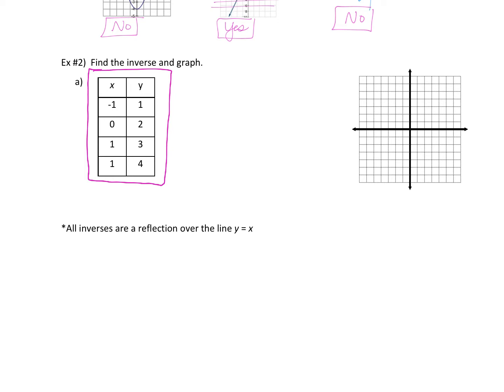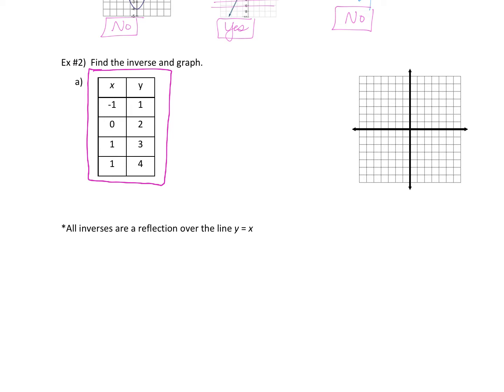Why? Because if you were to say, what is -1, it goes to 1. So it's fine. Look further down the chart, though. There's 2 1s, right? Can you have repeat x's for a function? No. So the original is not a function, okay?